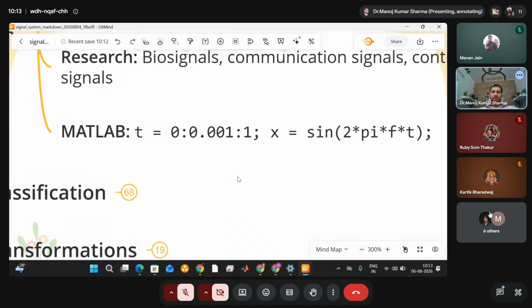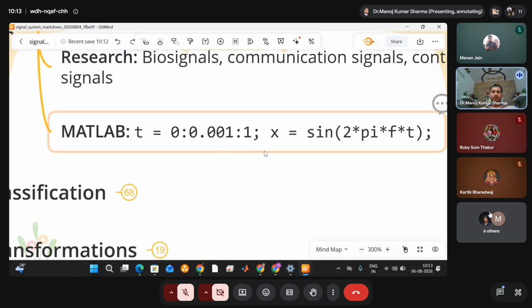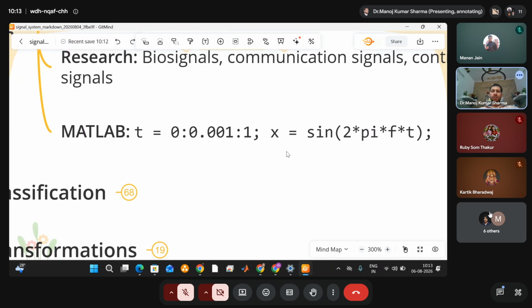If we talk about how we can generate and simulate these signals, we can use MATLAB or Python.